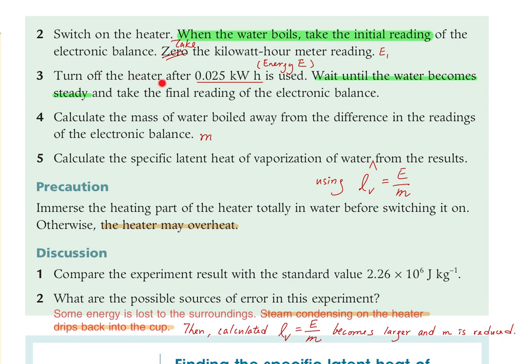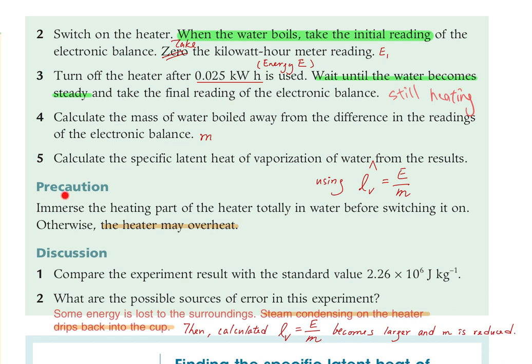Because when the heater is turned off, the heater is still hotter than the water, and in this case, the heating continues, the evaporation continues, and it takes some time until the heater and the water reach thermal equilibrium. At that time, we may take the reading of the electronic balance.